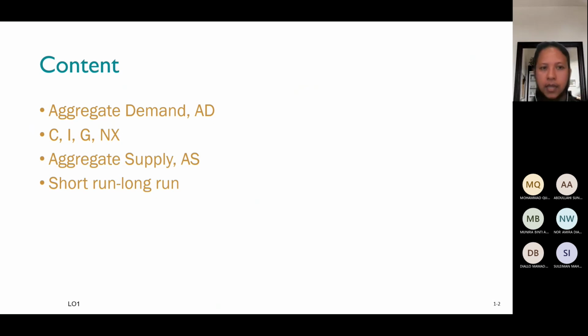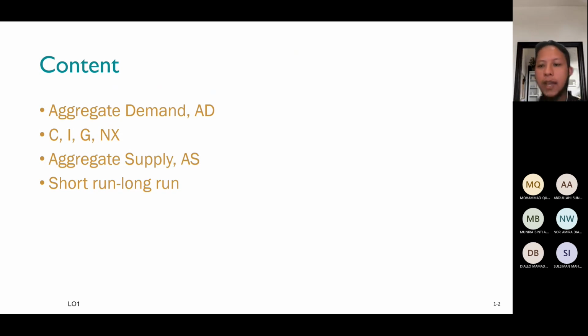Okay, and as we will see later, aggregate demand in terms of macroeconomy, usually we will refer it to a certain country. So when you say aggregate demand, you have to relate it to aggregate demand of what. So usually it is referring to a country, right?